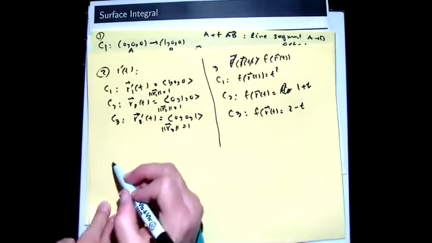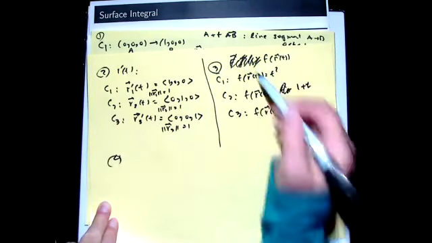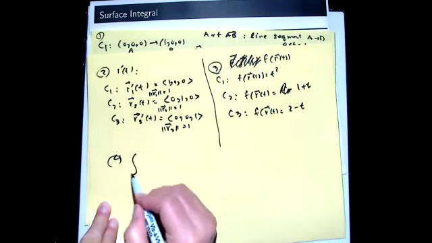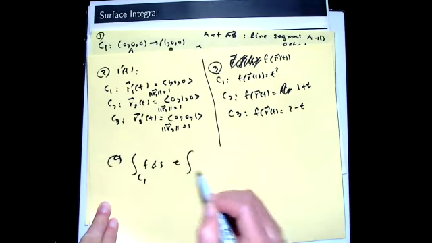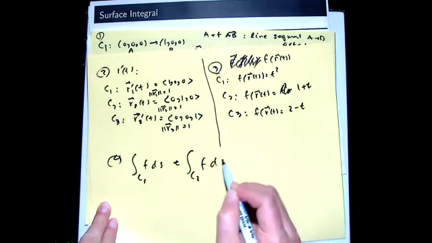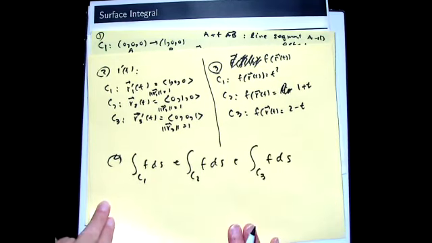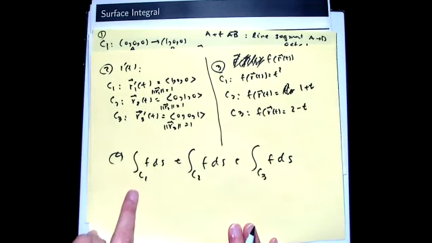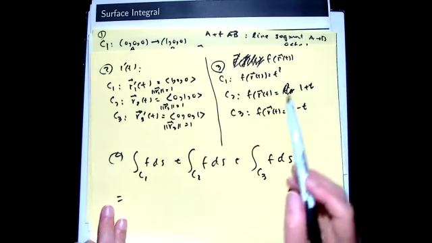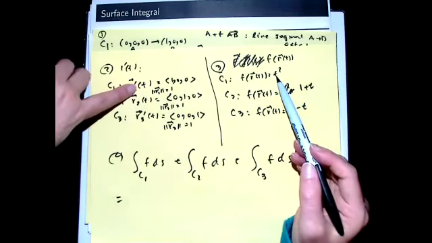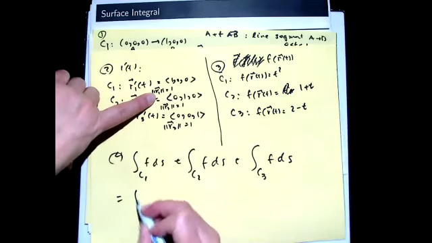So what do I get? I have the integral over C1 of f ds plus the integral over C2 of f ds plus the integral over C3 of f ds, because it's piecewise defined. And that is, f here is T squared, right? R1 prime magnitude is 1.